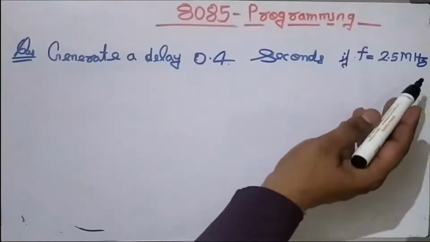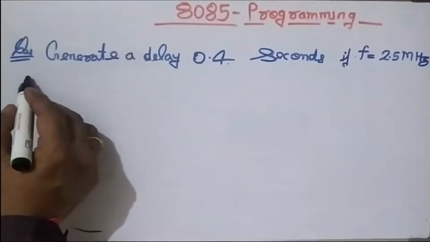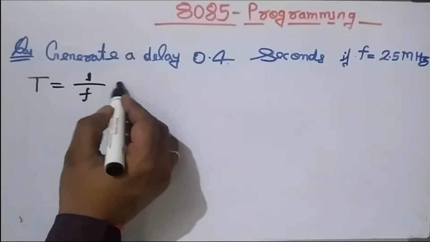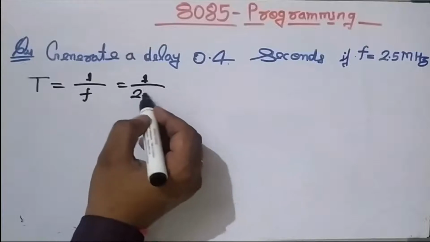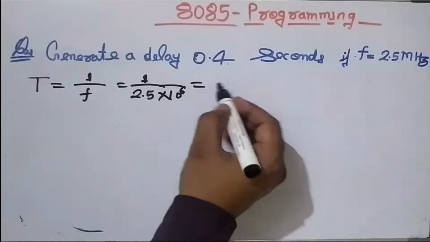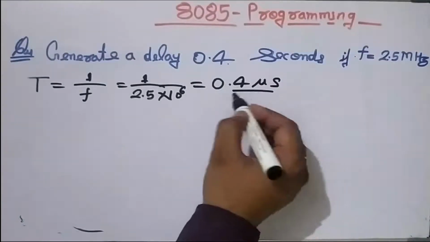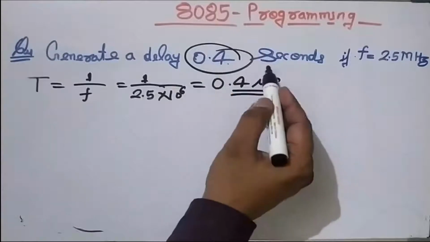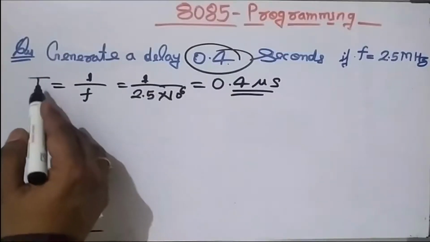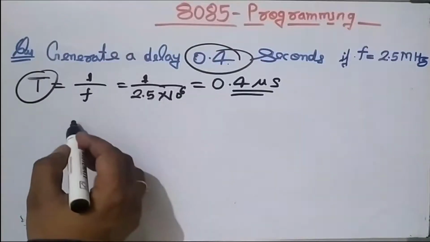First of all, calculate the time period T equals 1 upon f, that is 1 upon 2.5 megahertz, which will be 0.4 microsecond. Then we require a 0.4 second delay, so what should be the total number of time periods consumed?